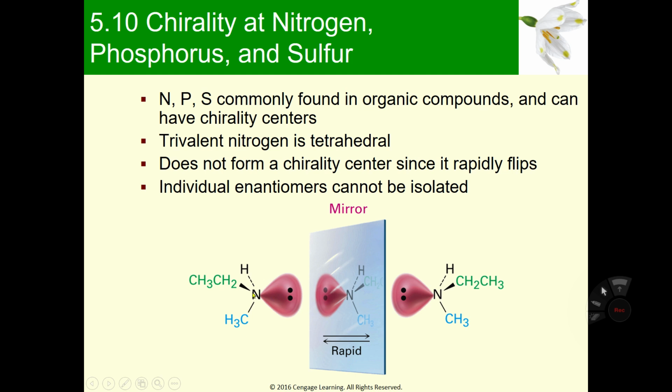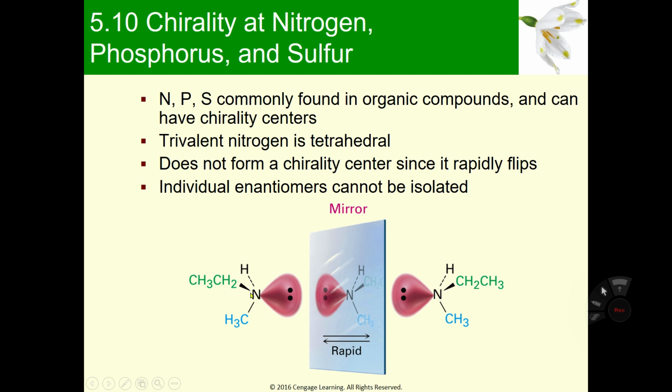Because you have four groups, including the non-bonding electrons, we can imagine mirror images, and these two are in an enantiomeric relationship. However, the nitrogen is so small, and it is known that the orbital of this non-bonding electron pair can be flipped.